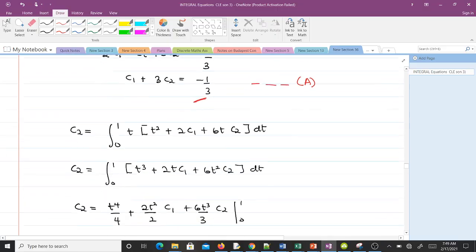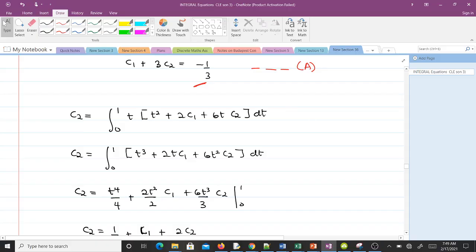We name this equation A. Now we take c2, which was given by the integral from 0 to 1 of b2 of t times y of t dt, where b2 of t is t and y of t is the whole of this. Multiplying the t throughout, c2 is equal to the integral from 0 to 1 of t cubed plus 2tc1 plus 6t squared c2 dt.